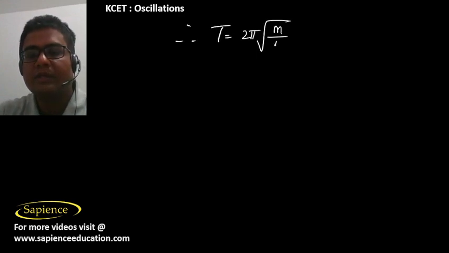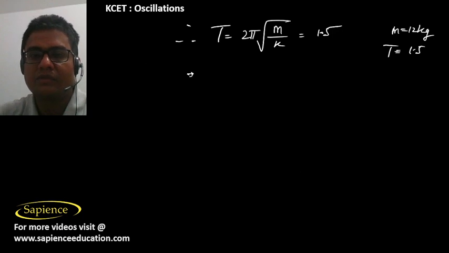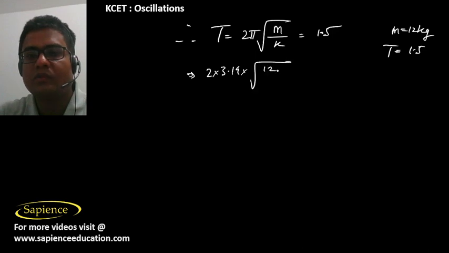So T equal to 2 pi root under m by k is equal to 1.5, and the mass is given as 12 kg. So this is 2 into 3.14 into root over 12 by k, which is equal to 3 by 2.